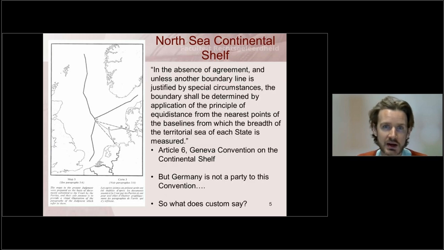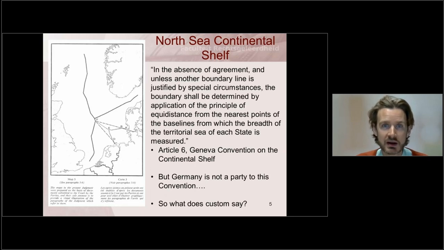In support of their claim, Denmark and the Netherlands referred to the treaty, the Geneva Convention on the Continental Shelf, that was concluded in 1958 and to which Denmark and the Netherlands were party, but not Germany. So the treaty could not be applied directly against Germany because Germany was not a party. It signed the treaty but never ratified it.